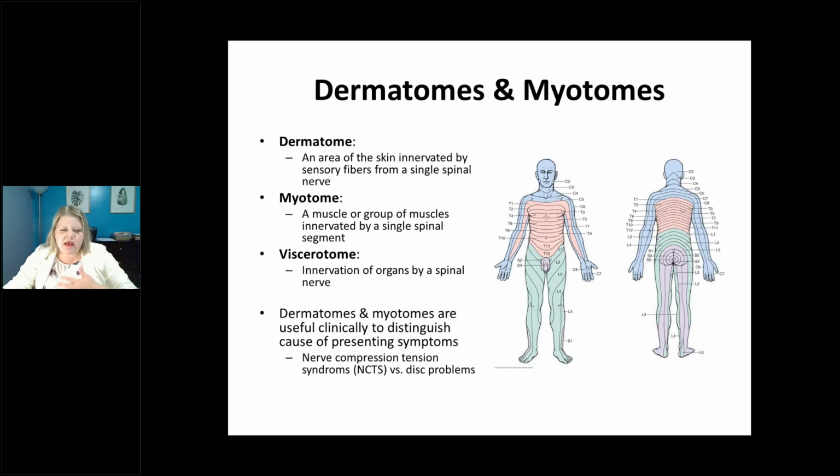A myotome is a muscle or group of muscles that are innervated by a single spinal segment. So together with a dermatome, it can give you more information about what is going on, right?